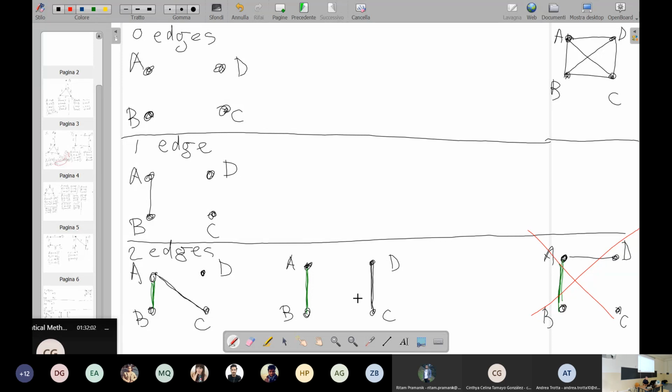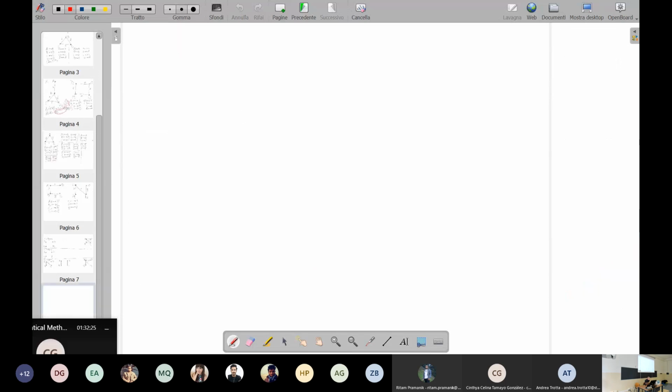Any graph with four vertices and two edges will be isomorphic either to this or to this, according to the behavior of degrees, as you were saying. Okay? So we are done with the two edges.